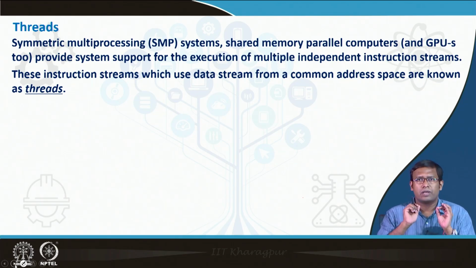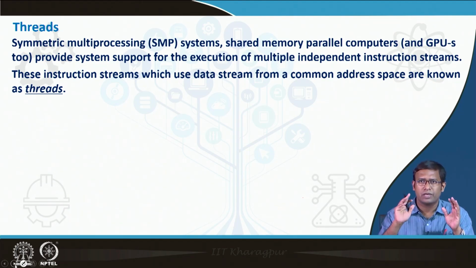So, the instruction streams being operated by the processors take data from a common address space, and these instruction streams are known as threads, and threads are the units of parallelism here. So, when we write a parallel program in a shared memory system, we will mostly use this thread parallelism paradigm, and we will launch threads for concurrent operations at any instant.